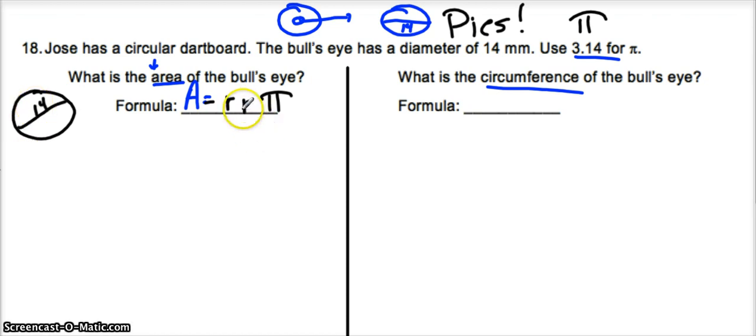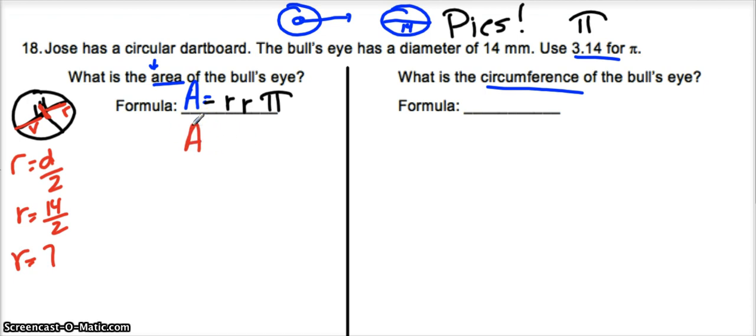In order to use this formula, we need the radius just from the center out. In order to find the radius, you'll need to take the diameter and divide it by 2. Half of a diameter is a radius. So if we take 14 and divide it by 2, you know the radius is 7.